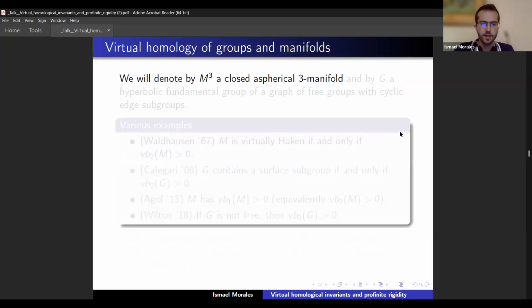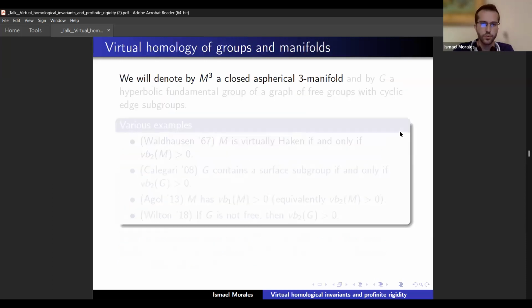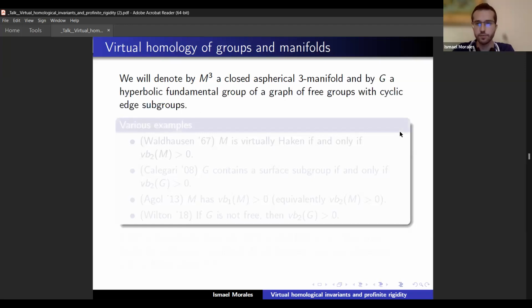But first, to motivate the tools that are used on surface subgroups, let me say something about a story related to three-manifolds. We will denote by M a closed hyperbolic three-manifold, and by G a group as before.